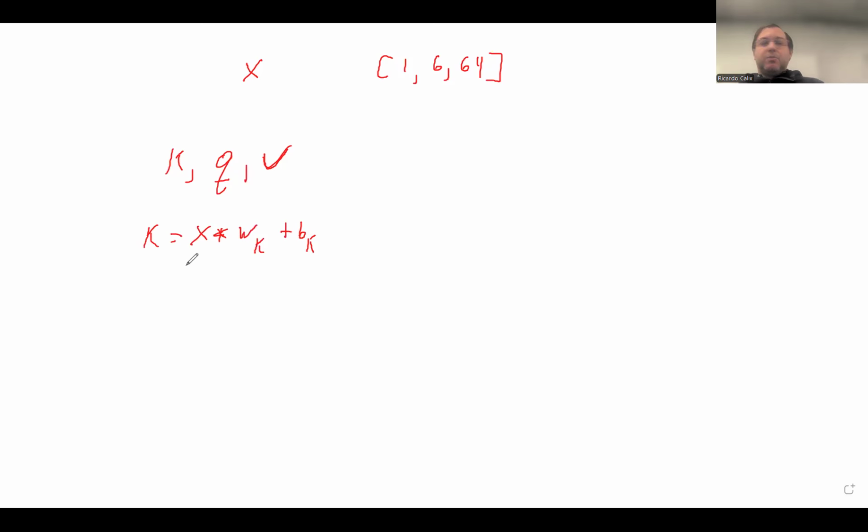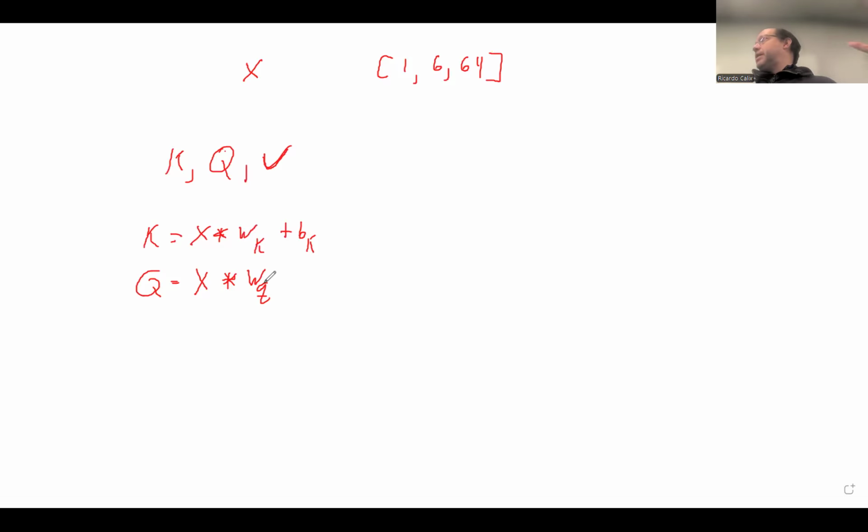That's it. And then what is Q? Essentially the same thing, X times WQ. So we have another weight matrix for this. Remember that these weights have to be learned by the model.